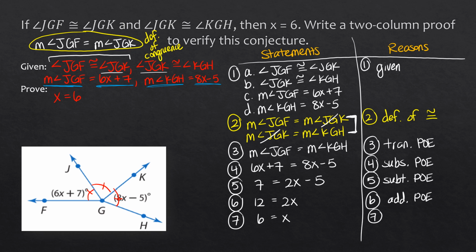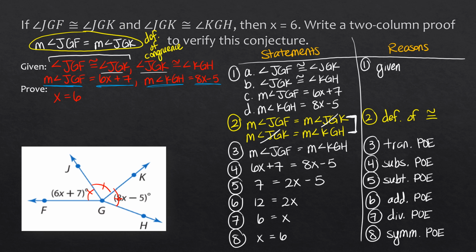We divided, so that's our division property of equality. And lastly, same as before, since we have the same number for x, but it's reversed from what we want, we would say x actually equals 6. We know that through our symmetric property of equality. I added an extra m for no good reason.